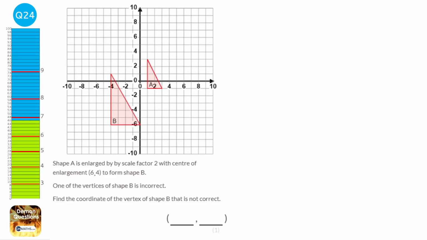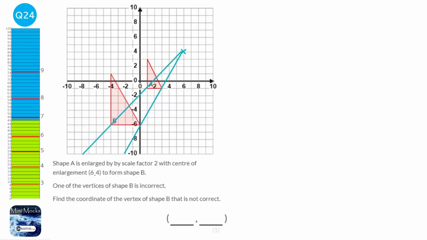So in this question, we are told that the centre of enlargement is at 6, 4. So let's just put a cross there. And what I'm going to do is draw ray lines from the centre of enlargement, and we're going to go through each of the corners of our shape A. And we're going to check whether it goes through the corner of shape B, which it does on this one. Let's just keep going.